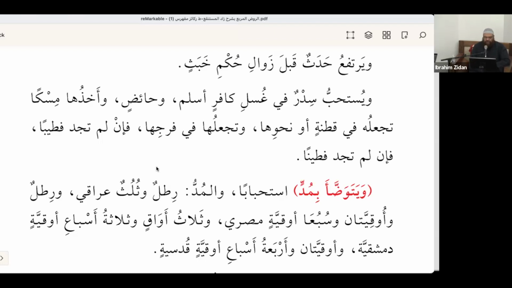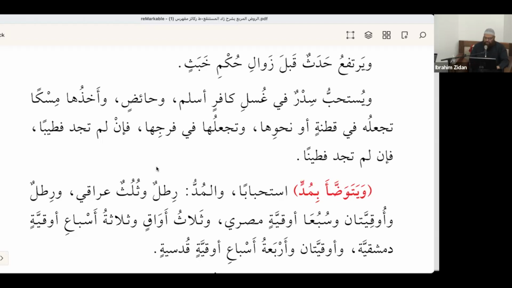So if he made wudu and after he finished the wudu, the najasa, say for example, was on his knees, he removed it and washed it, his wudu is valid. The same thing with al-ghusl. So that's why he mentioned here وَيَرْتَفِعُ حَدَثٌ قَبْلَ زَوَالِ حُكْمِ خَبَثٍ, before the removal of the ruling of al-khabath, which is the physical impurity.